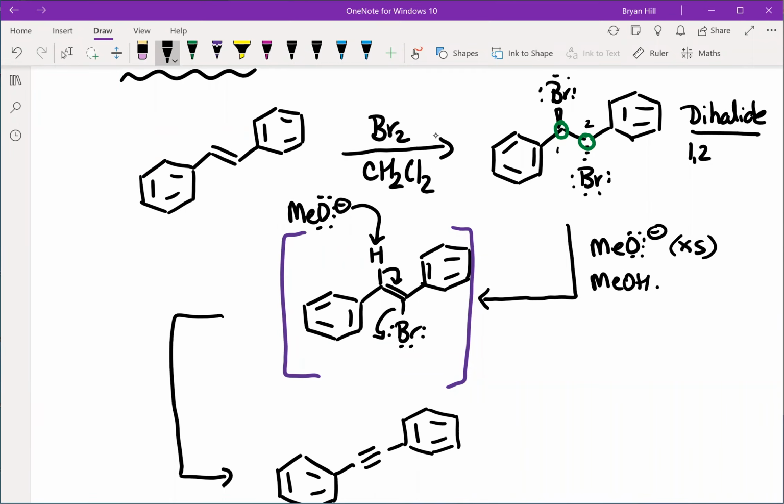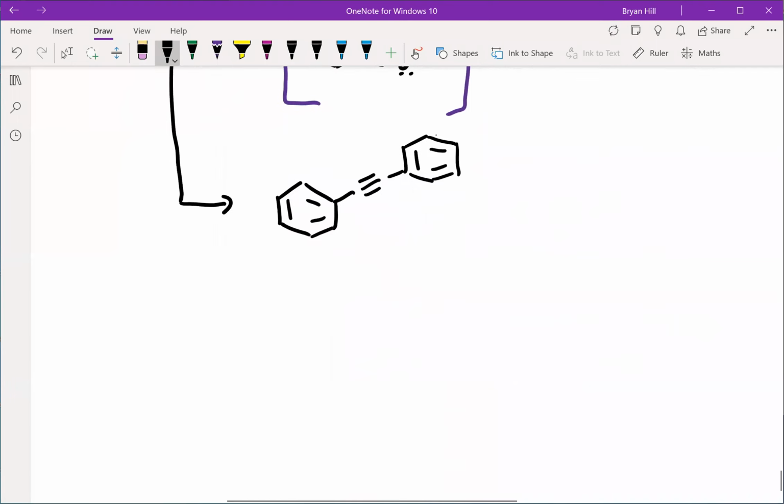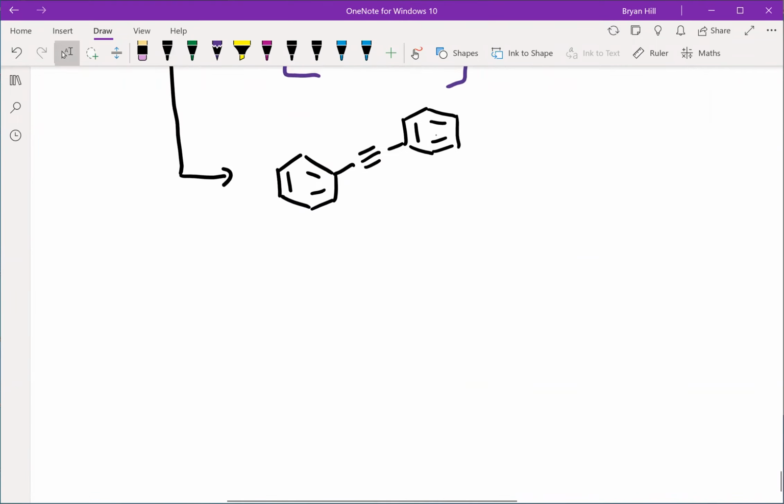Now, the halogens don't necessarily have to be on carbons that are next door to one another. You can form alkynes if the two halogens are on the same carbon.